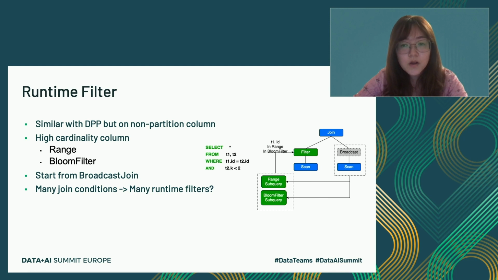For example, we calculate there is a small table which can be broadcasted, and we calculate its min-max and the Bloom filter of the join columns, and then we push it down to the big table at the left and filter the big table Parquet chunks with range and the Bloom filter.